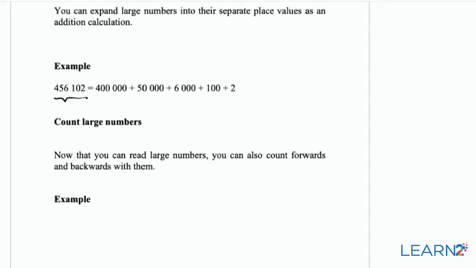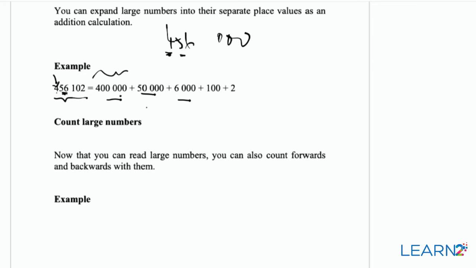This is 456,102. So let's break it down. What does the 4 refer to? The 4 refers to 400,000. What does the 5 refer to? It's 50,000. What does the 6 refer to? 6,000. Because this was 456,000. So the 4 in the 456,000 is 400,000.